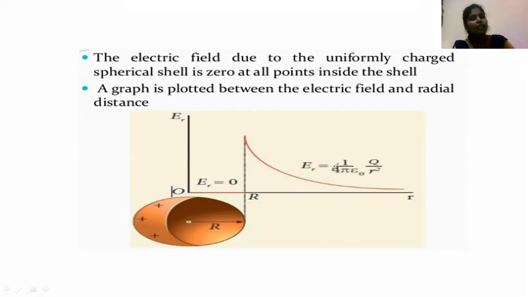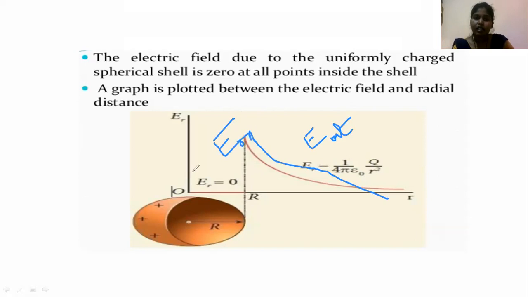So E is inversely proportional to the square of the distance. So we get a decay curve, a decreasing curve. Here it depicts all three cases. This one represents E out, this straight line is E on, and this one is E in.